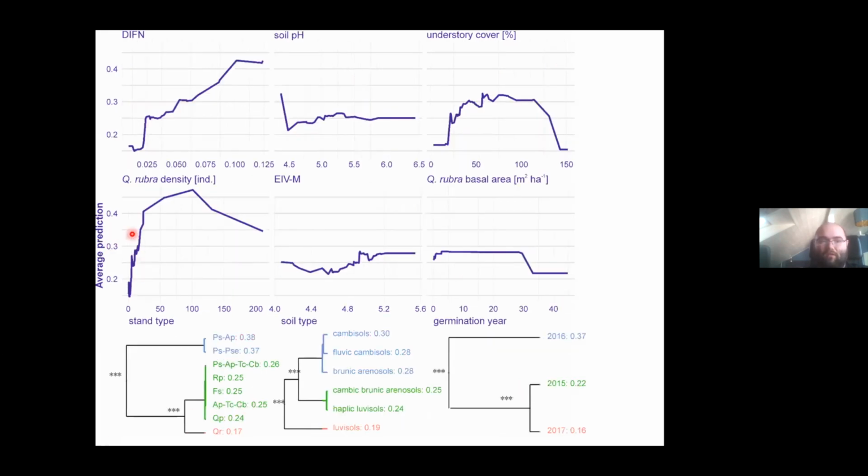For red oak, we found that its survival is higher in stands with higher light availability and with higher intraspecific density, but up to a density of 100 individuals per hectare, per plot, and decreases with the increasing basal area of red oak and is the lowest in the stands dominated by red oak.